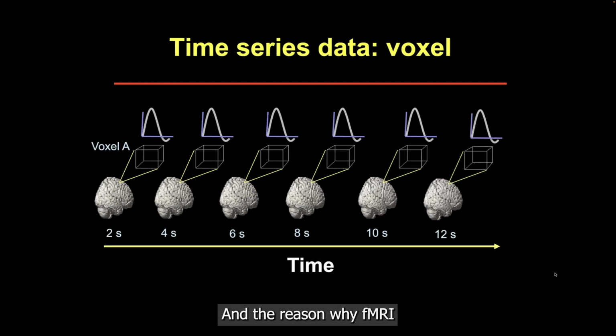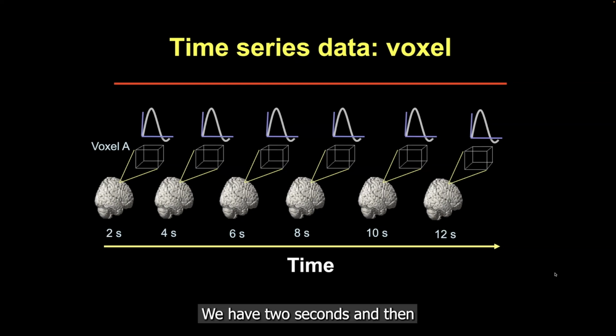And the reason why fMRI works is because if we only had one image, it would just be a picture. It would just be a static image, much like all of the other structural MRI that people are most familiar with. But because we acquire the data very rapidly, it only takes us 2 seconds to create this, we have the opportunity to look at change over time. It becomes dynamic or changing.